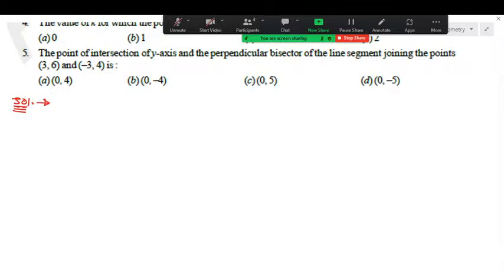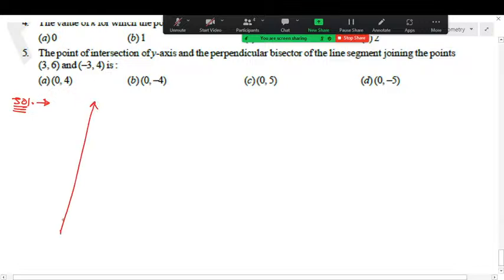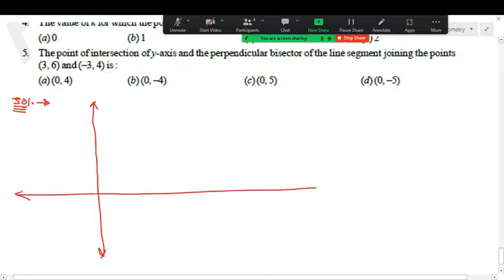Point of intersection of y-axis. Yeah, there is a y-axis. Line should be straight. There is a y-axis. I'm trying, but yeah, you consider it to be a straight line. All right, and there is a x-axis.